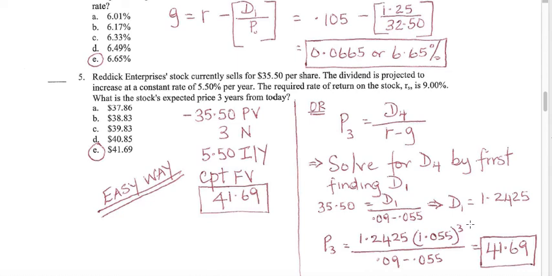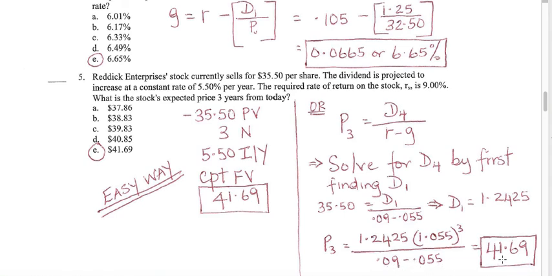So this goes way back to chapter 5, guys. Future value. You have the price, you have the dividend in year 1. If you want the dividend in year 4, it needs to be raised to the power of 3. So the price of the stock in year 3 is your dividend in year 4, 1.2425 times 1.055 raised to the power of 3, divided by your R, 0.09 minus 0.055.